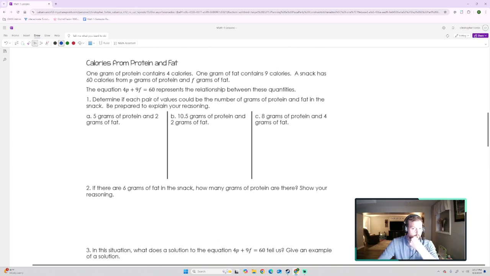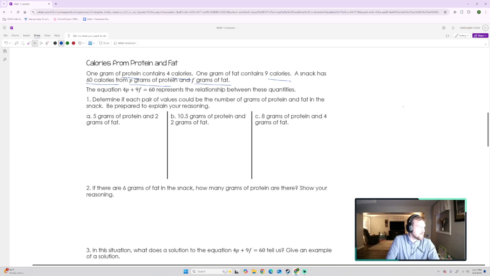let's do one more. And again, pause video, try this on your own, but let's see if we can do this equation and understand what this means. All right, 1 gram of protein contains 4 calories. 1 gram of fat contains 9 calories. So we know that 1 gram of protein is 4 calories, 1 gram of fat is 9 calories. Well, a snack has a total of 60 calories from P grams of protein and F grams of fat.